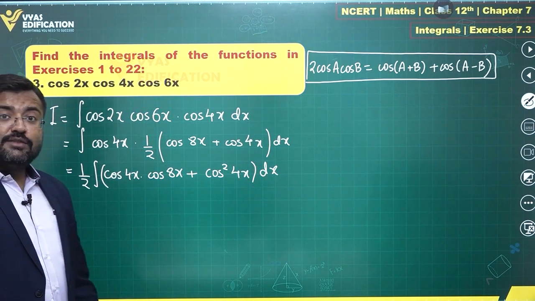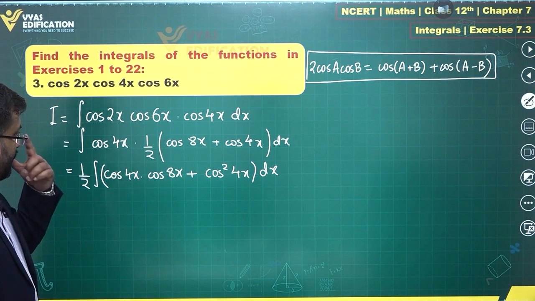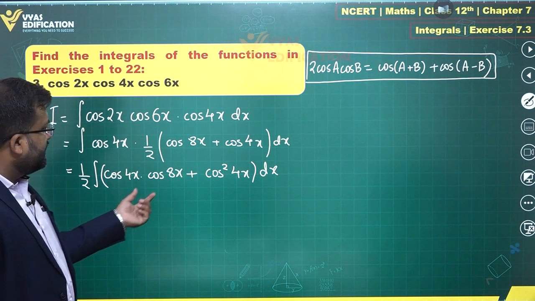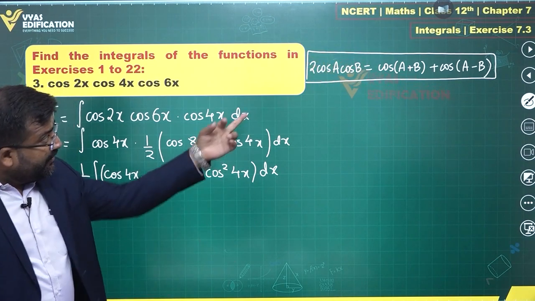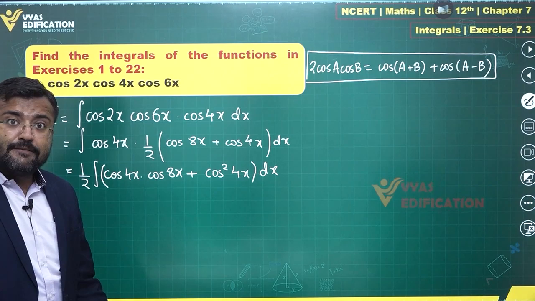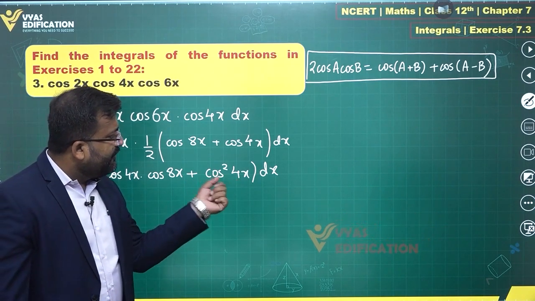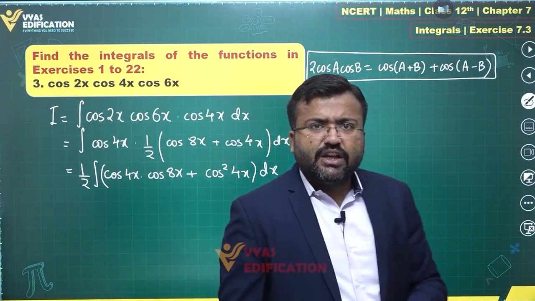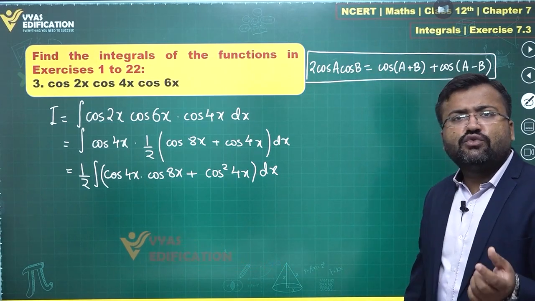What do we do in this particular case? If you observe carefully, cos 4x into cos 8x can again be converted using that result as a sum of two cosines. Moreover, this cos square 4x. Now, in one of the previous questions we saw that sin square x can be converted.